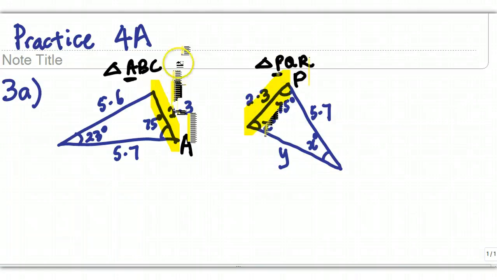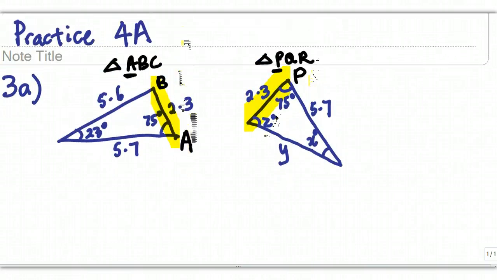So if I were to label the second point as B, B will actually correspond to Q on the other side. So we know that the other point here must be Q. And therefore, we only have one point C left, and it corresponds to the point R. Now if you cannot figure out how I've labeled the corresponding sides, you may want to pause and rewind the video again.